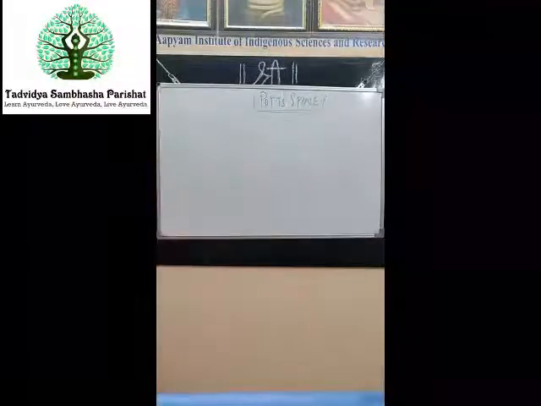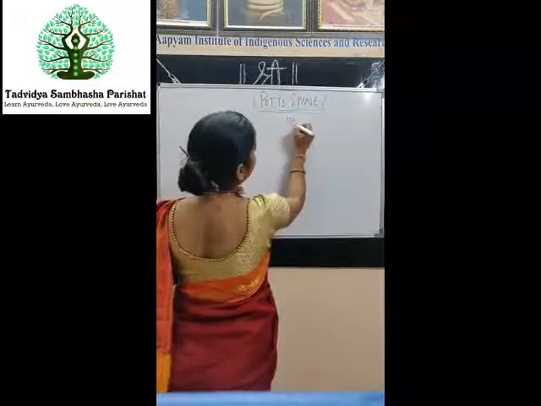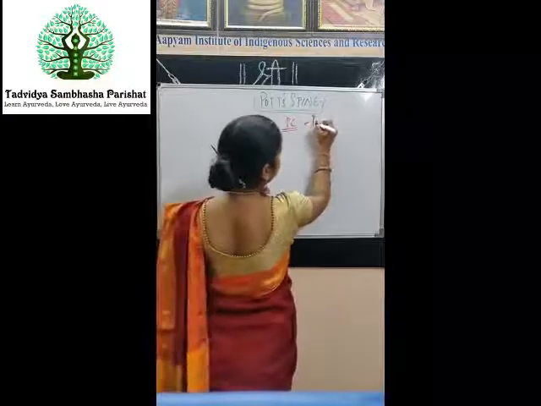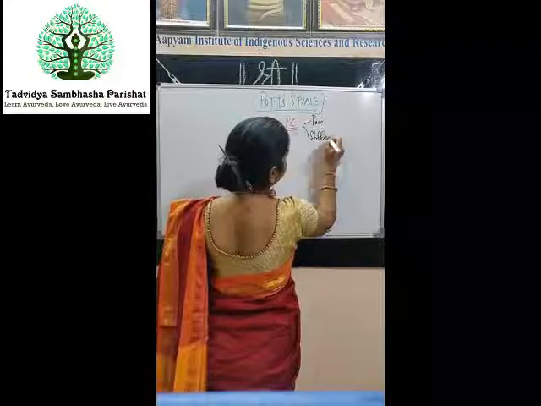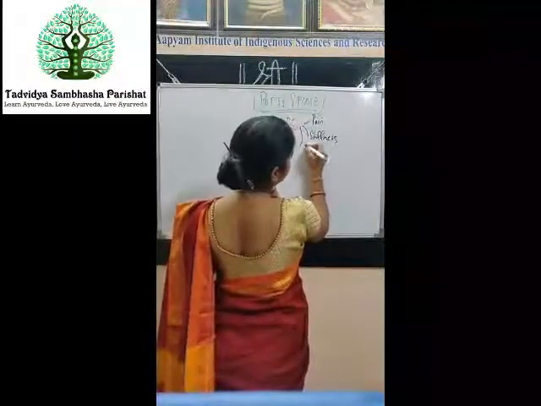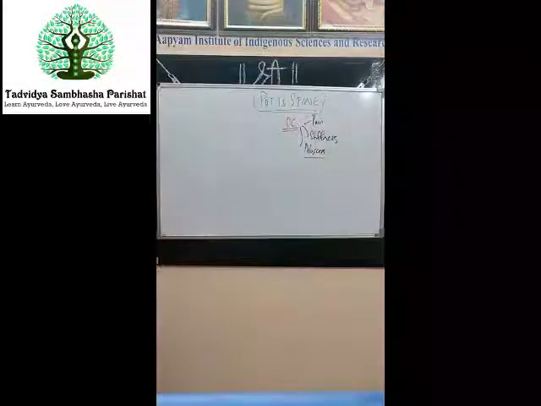Just to brush up, in the last class we saw the presenting complaints: pain and stiffness, which are the prime symptoms. Then we saw the evidence of abscess, that is the cold abscess.